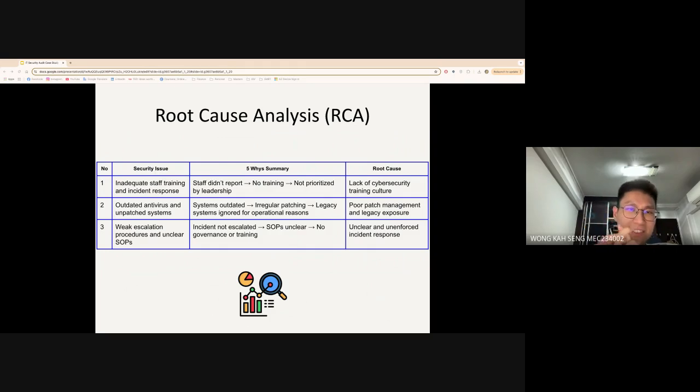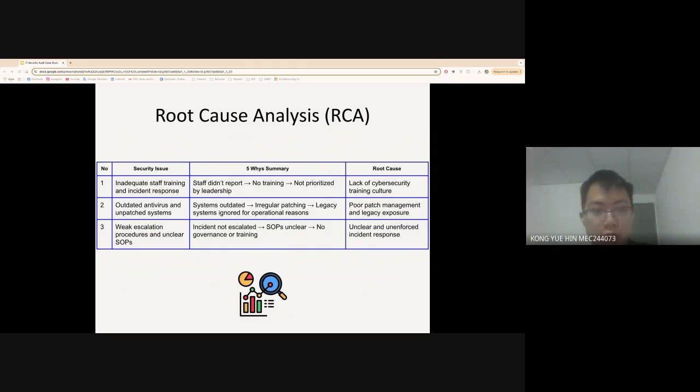Okay. Let's start to identify the root causes for the issues. The most critical was the inadequate staff training. We trace this back to a lack of structured cybersecurity awareness initiatives. The staff simply did not know what to look out for and how to escalate issues when cybersecurity threats happened.